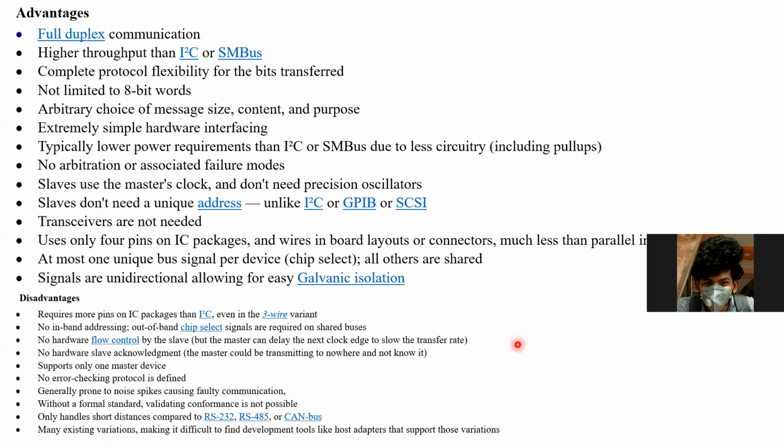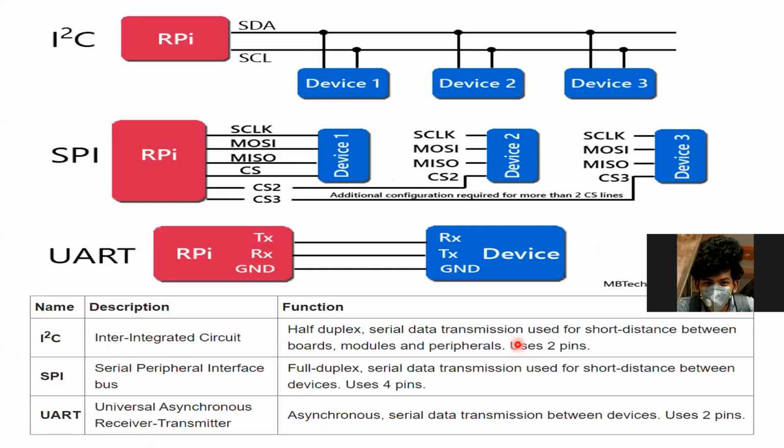This diagram is a very important diagram. I think you can remember all this. UART: what is UART? Universal asynchronous receiver transmission. Just see I2C: it is half duplex serial data transmission used for short distance, uses only two pins, and is mainly used to connect peripherals.